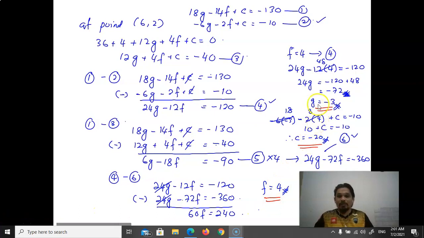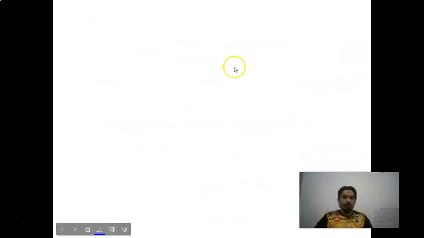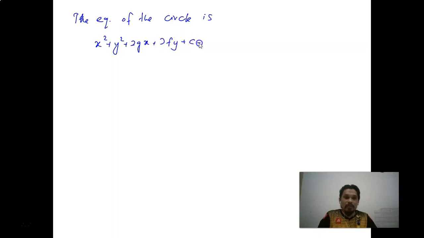Okay, once we found out the value of f, g, and c, we are going to write down the equation of a circle. Then the equation of the circle is x squared plus y squared plus 2gx plus 2fy plus c equal to 0. Just now, we agreed that g equal to negative 3, f equal to 4, and c equal to negative 20.